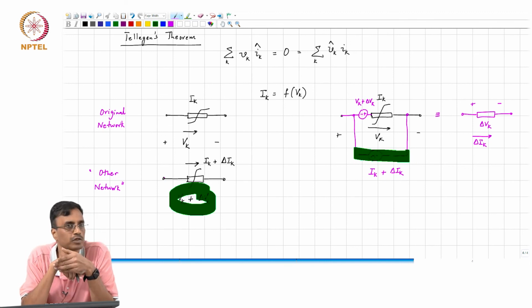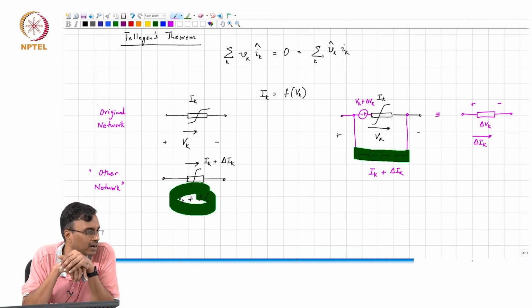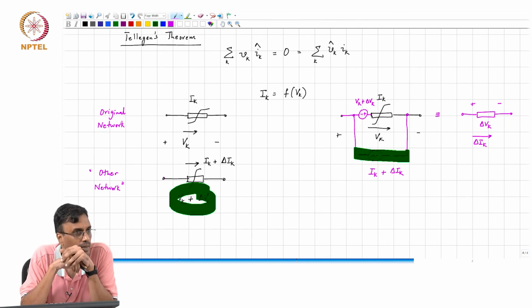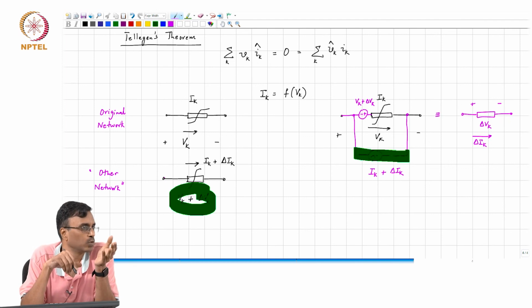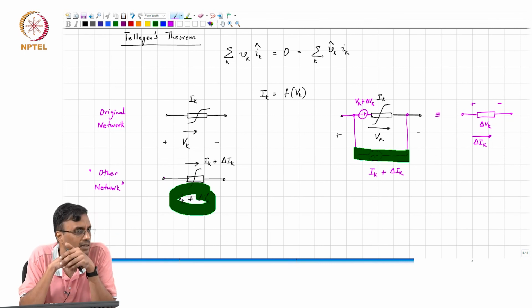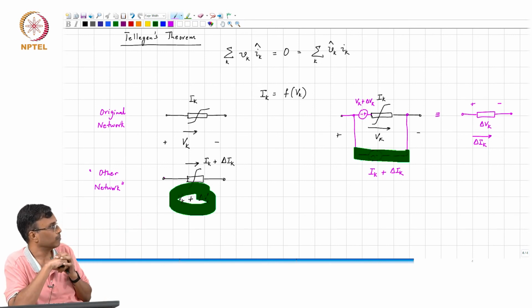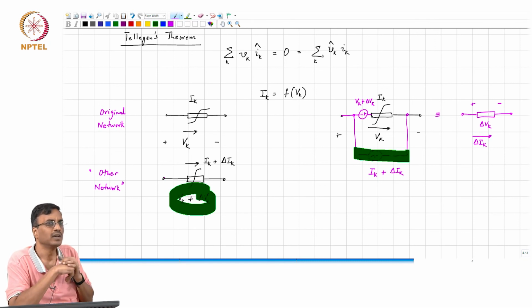Right? So what is the moral of the story? This is telling us that if you have a nonlinear network and you change something, all the branch voltages and all the branch currents will change. And this is telling you that the change in the branch voltage and the change in the branch current, if you form a network where you have network elements whose branch voltages and branch currents are delta Vk and delta Ik, then it will also follow KCL and KVL, correct?